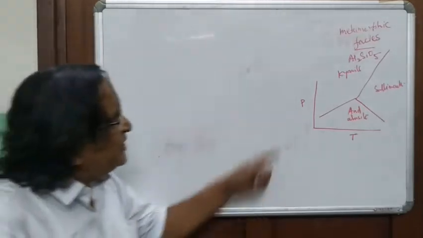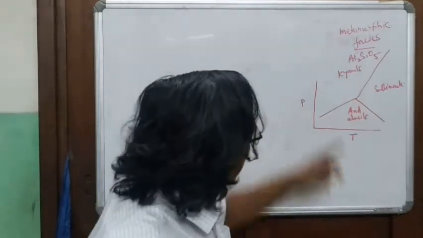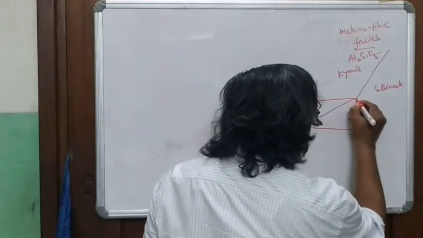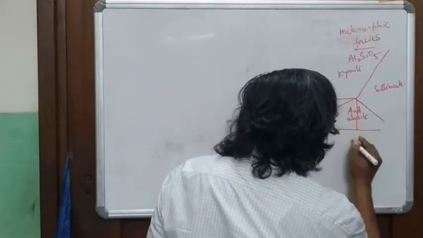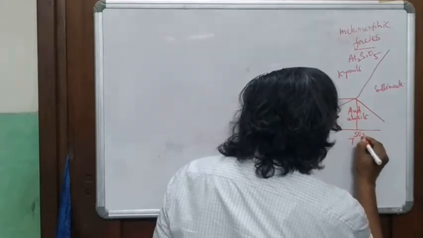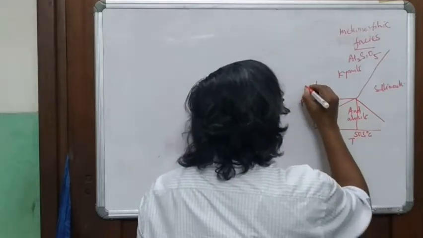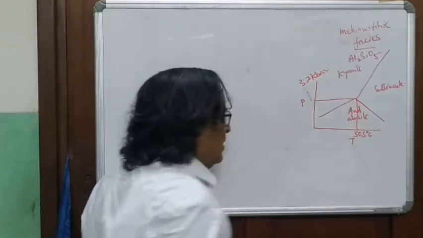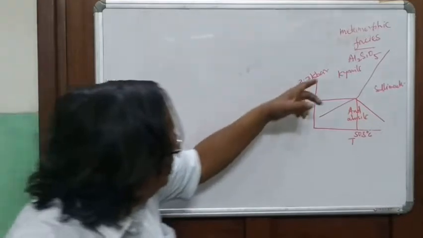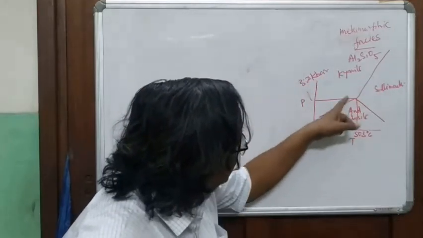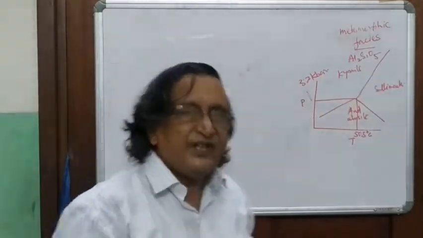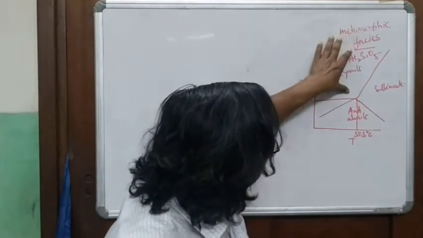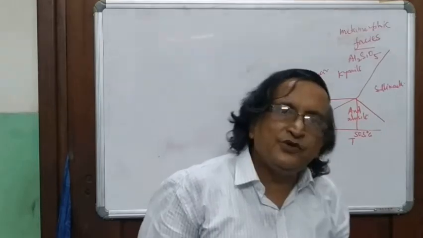These are Al2SiO5 polymorphs. This temperature is roughly about 505 degrees centigrade, and this pressure is about 3.7 kilobars. Between kyanite, sillimanite and andalusite, there are three boundaries. This is where sillimanite is stable, this is where kyanite is stable, and this is where andalusite is stable.